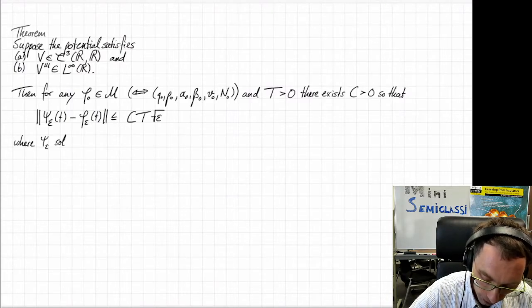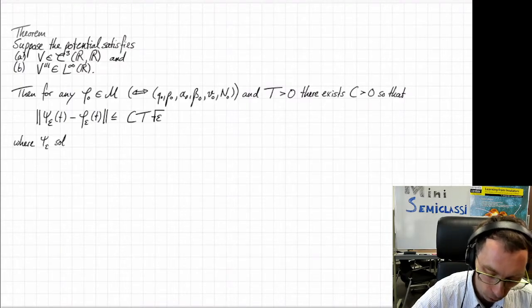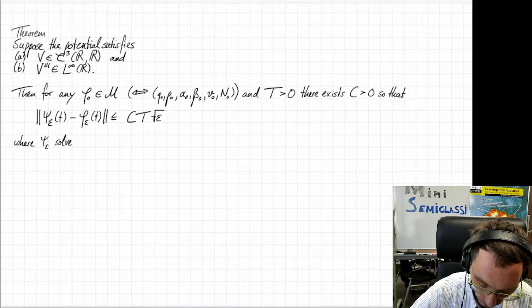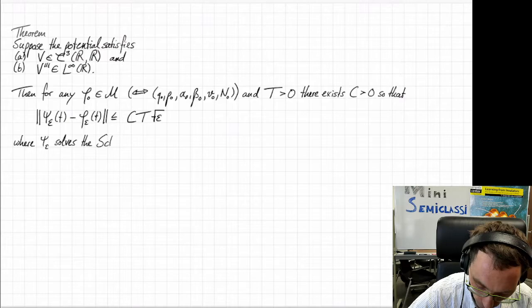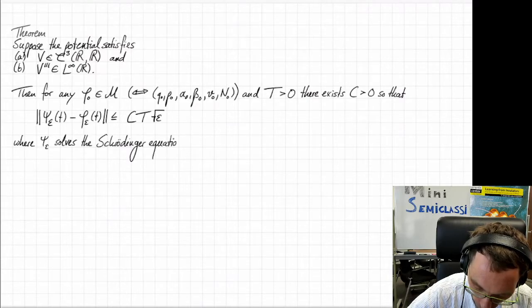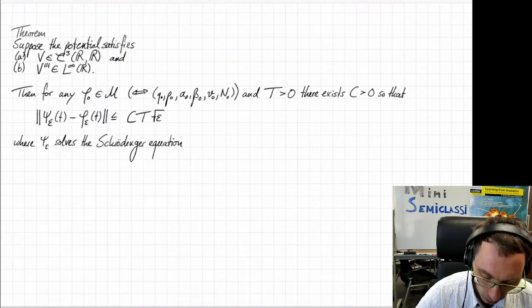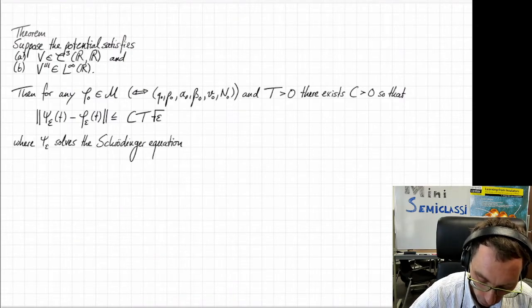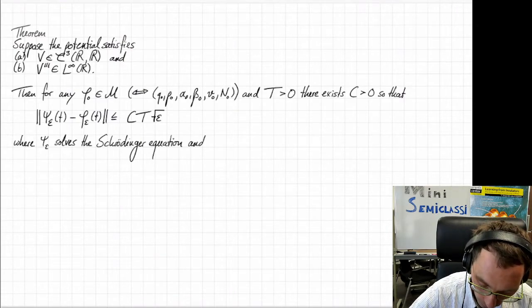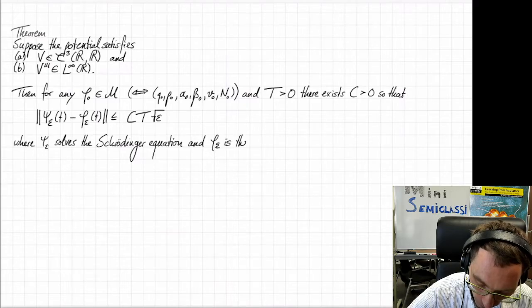So the error scales like the square root of epsilon. So psi epsilon solves the Schrödinger equation, and phi epsilon is the element of best approximation.